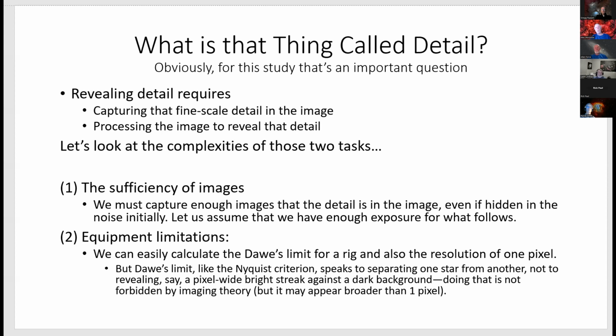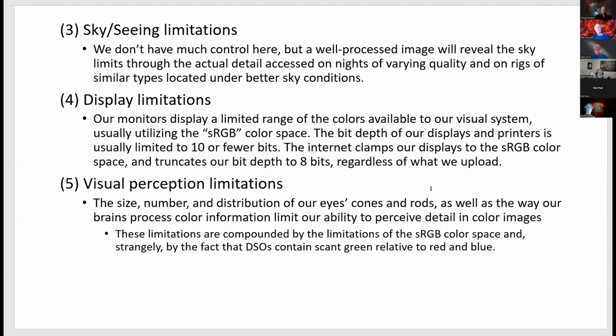We're limited by our equipment, and we all know about things like the Dawes limit, and we can all calculate the resolution of one pixel, for instance. So there's some equipment limitation on what level of detail an image can possess. We also are limited by the sky and seeing, and by display limitations.